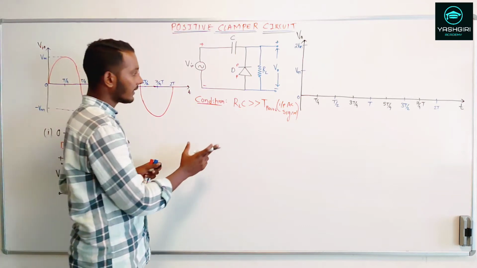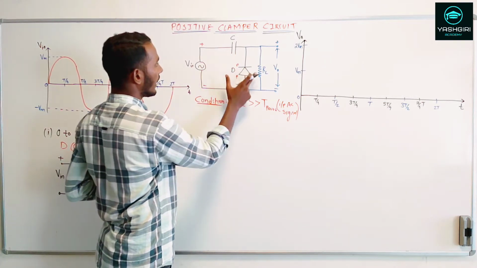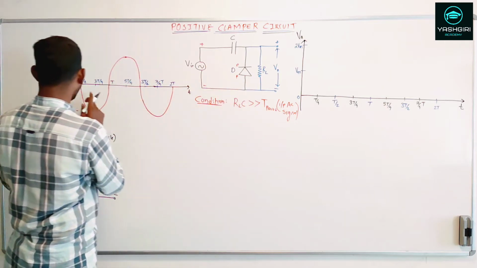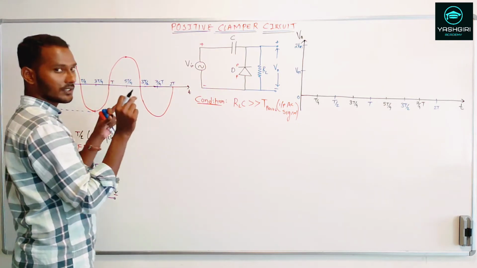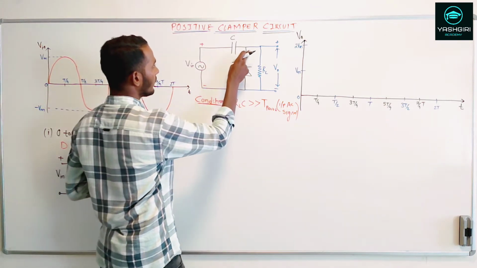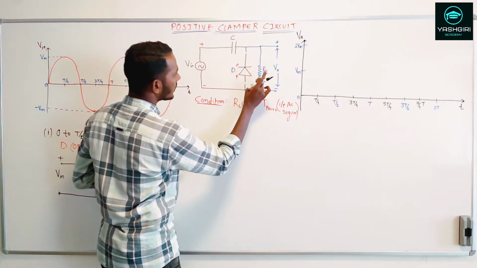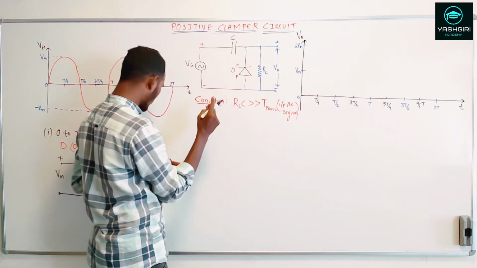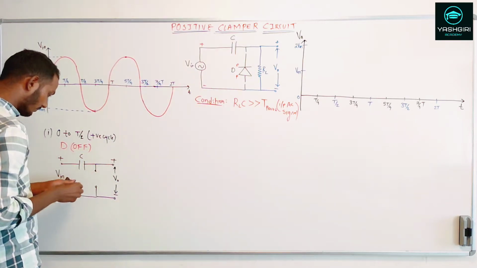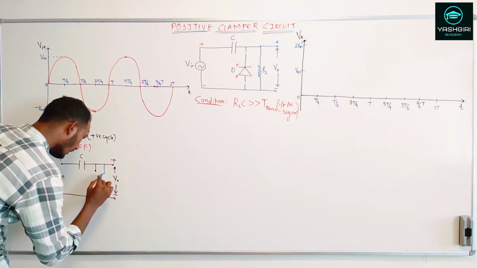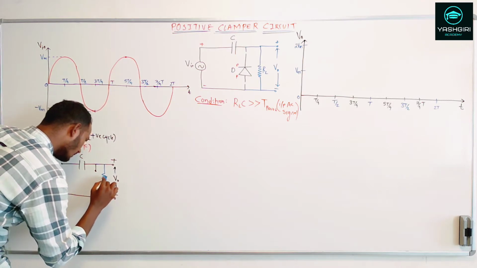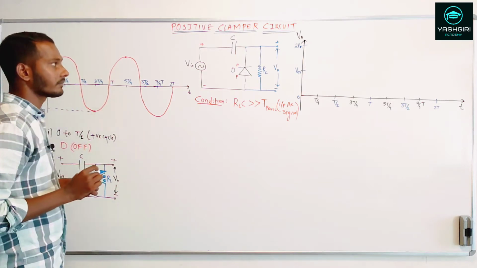And what we know is that the RLC time constant is very large, so for this time period the capacitor won't charge fully. The diode acts like an open circuit, so the capacitor will charge through this load RL.